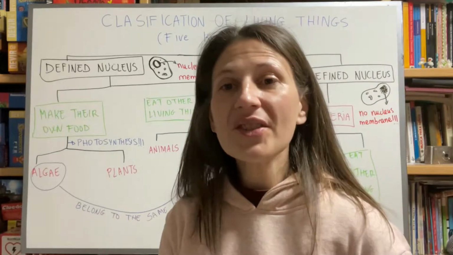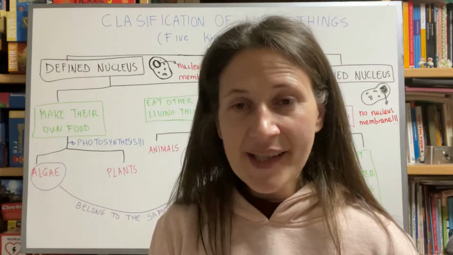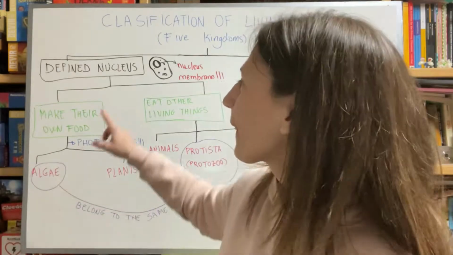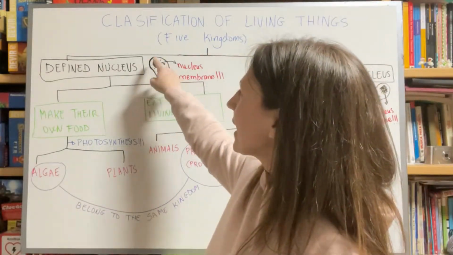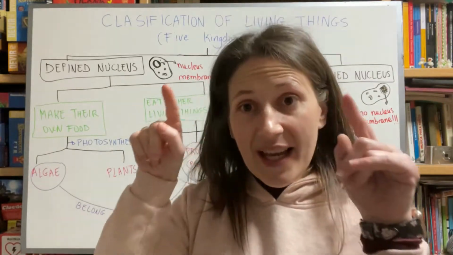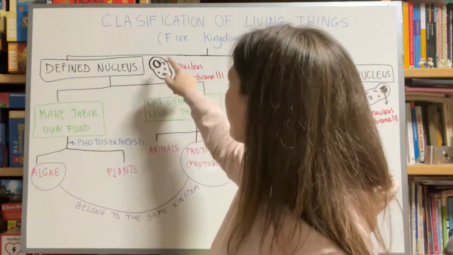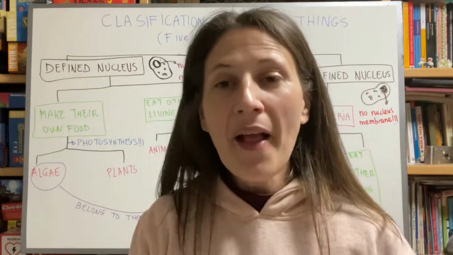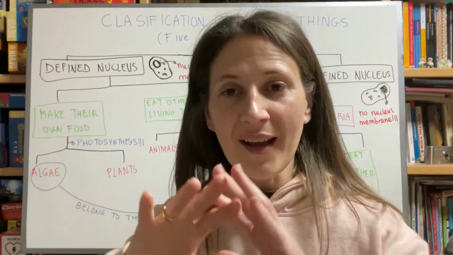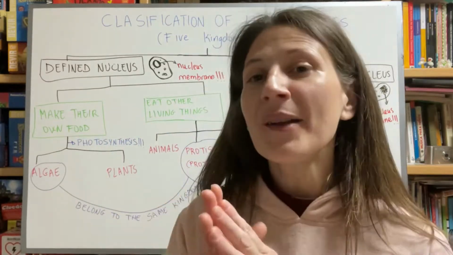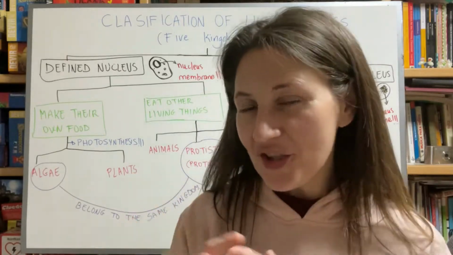In the most developed cells, the ones that are more complex, okay, they have a membrane around the nucleus. Remember that outside the cell, we had a membrane that protects the cell, that separates it from the external environment, and also it gives shape and structure to cells.